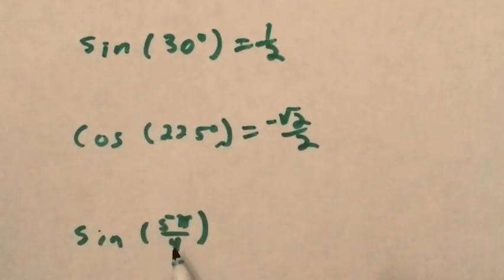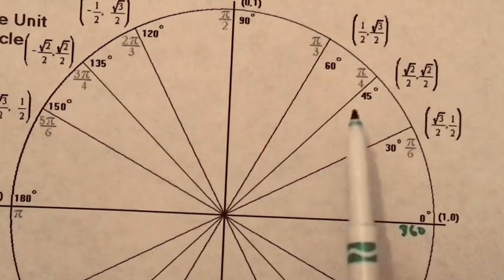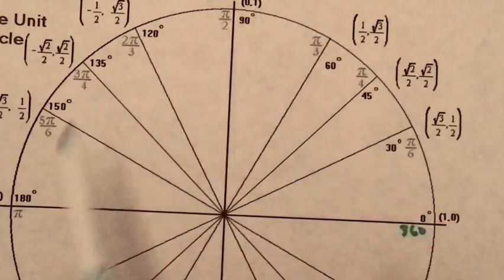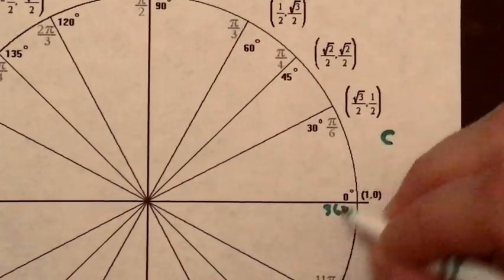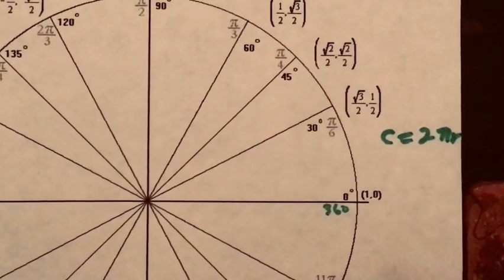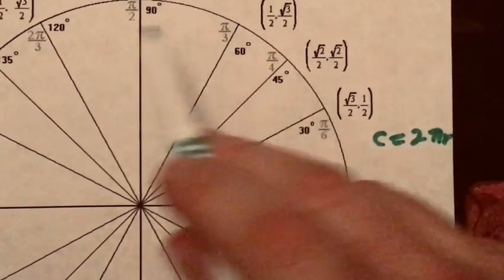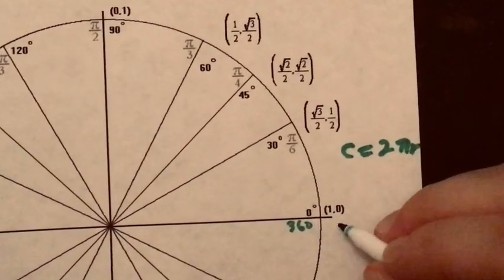Now let's talk about radian angles, which we touched on in geometry. If I took this as one radius, how many radii can I wrap around the circle? The circumference going all the way around the circle is 2 pi r. So if I go all the way around the circle, that's 2 pi radians.